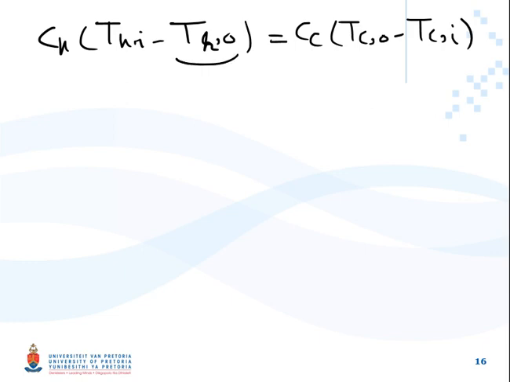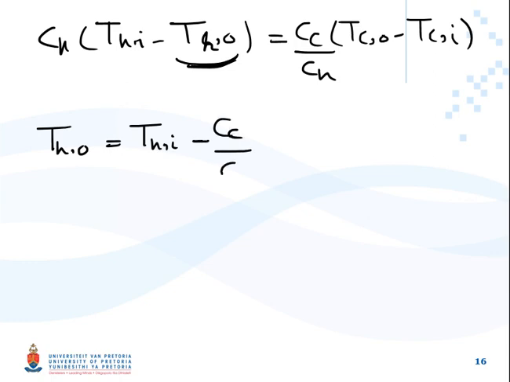We want to find the expression for this one based on the rest of the temperatures. So if I divide this by CH and put it on that side, what I'm having is THO is equal to THI minus CC divided by CH times TCO minus TCI. Still I can't find the exact number.